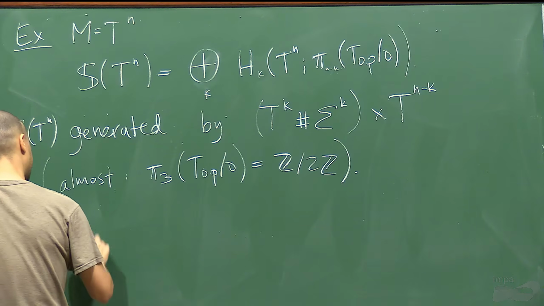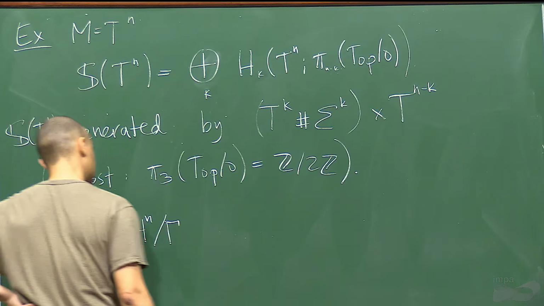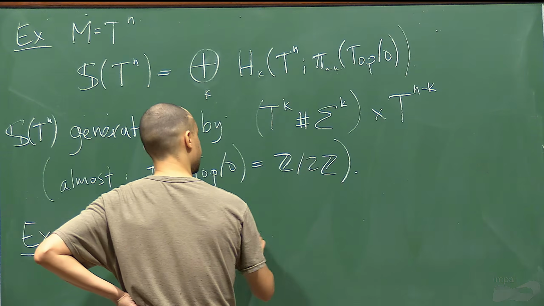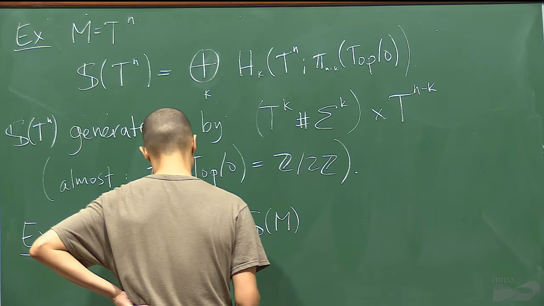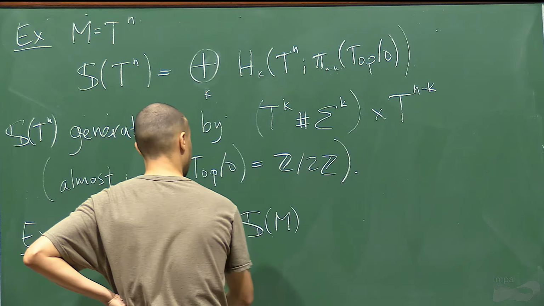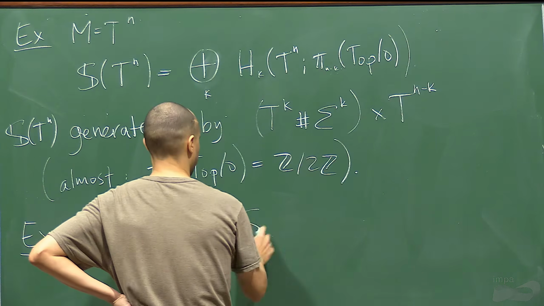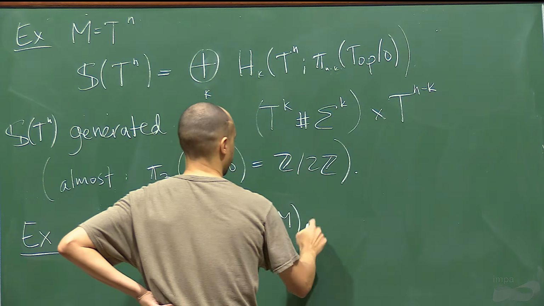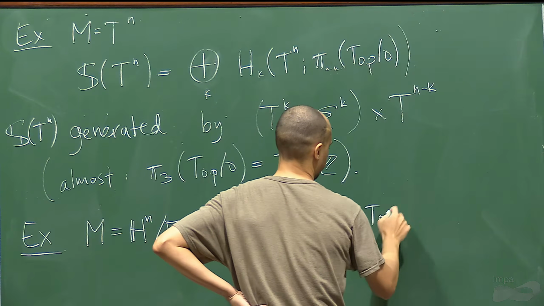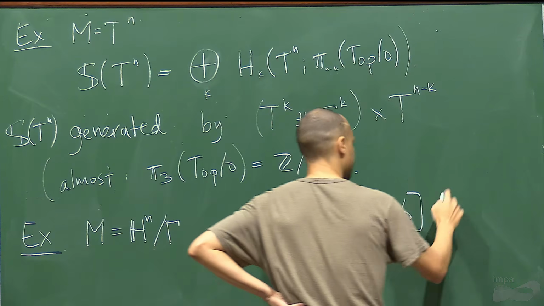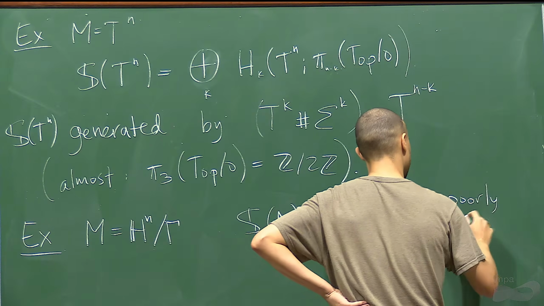The example we really care about is when M is a closed hyperbolic manifold. In this case, this group is still poorly understood.